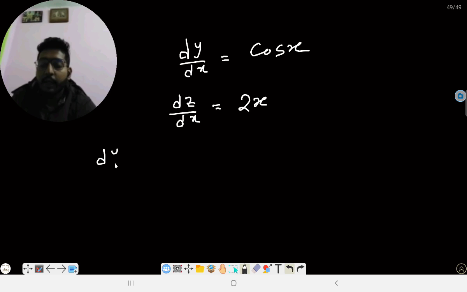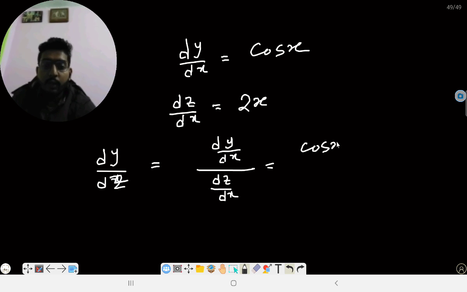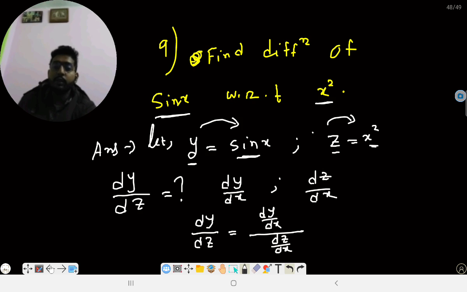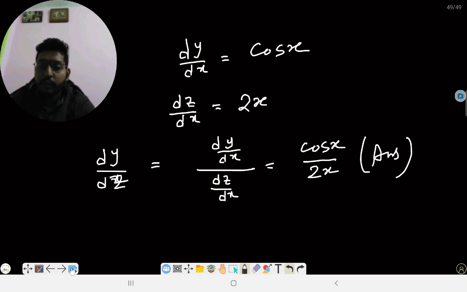Now we have to find dy/dz, that is dy/dx by dz/dx. So here it will be cos x by 2x. That will be the answer. This is similar to the previous one, but there it was given directly and here it is not.